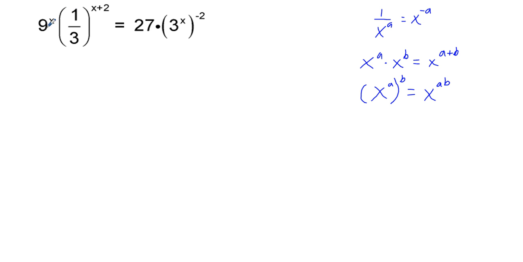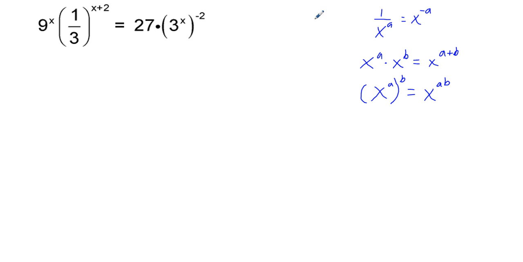And what we're going to look for is a common base of an exponent. And here it looks like we have 1/3, there's a 3, we have 9, which is 3 squared, we have 27, which is 3 to the third power.